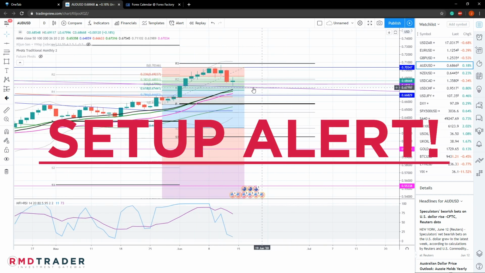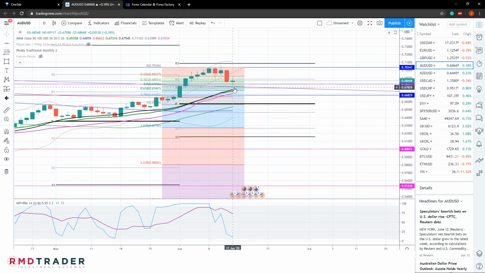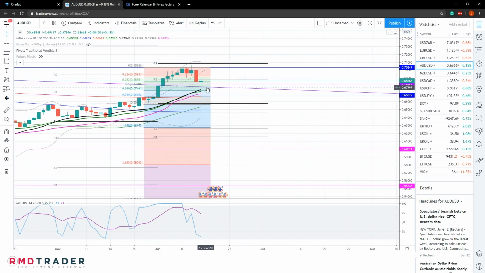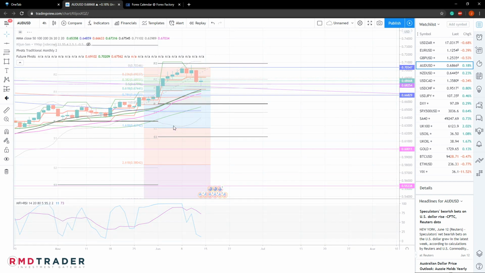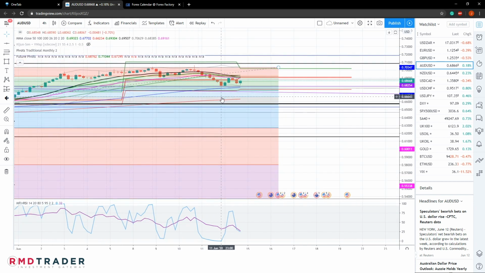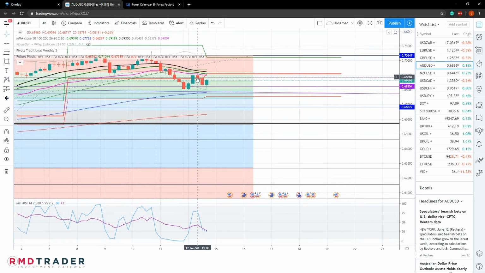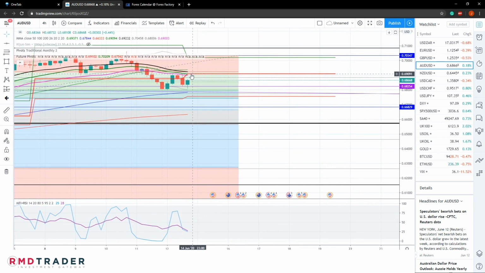So if price were to be rejected from this area and we look at price going a bit higher, we might perhaps see price retest this weekly pivot level. And I'm just going to go down to the 4-hour time frame so that it can be seen more easily. We can see that our newly projected weekly pivot level is sitting on 0.69.